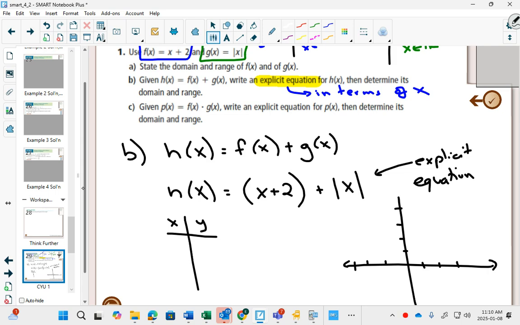If I plug in 0, can you see that you would get 2? If you plugged in 1, this would be 3, this would be 1, you would get 4. If you plugged in 2, you get 4 plus 2, you would get 6. And you might notice this seems to be a pretty straight line, which it is.